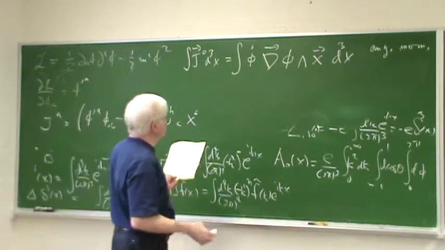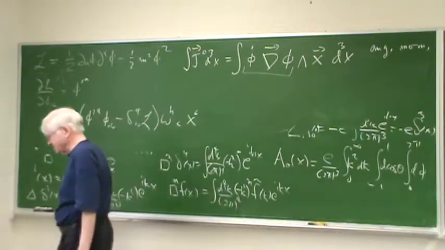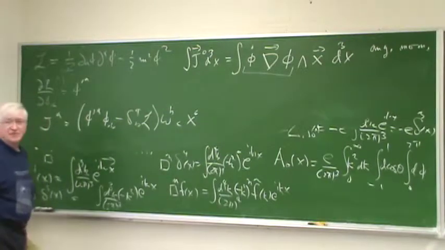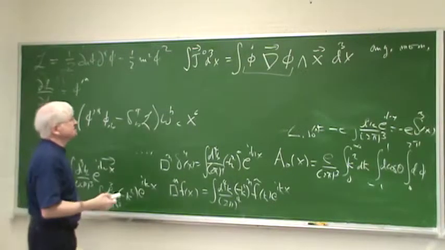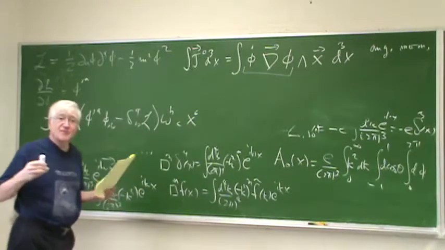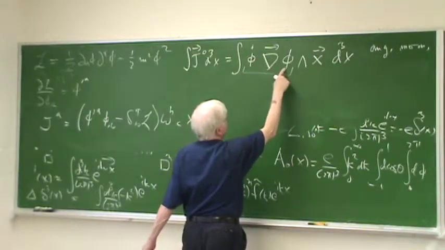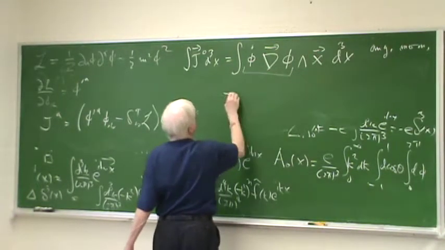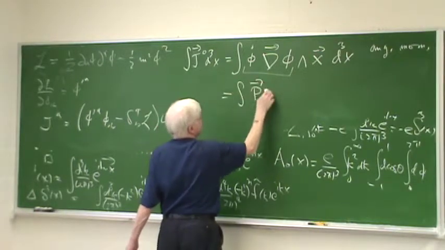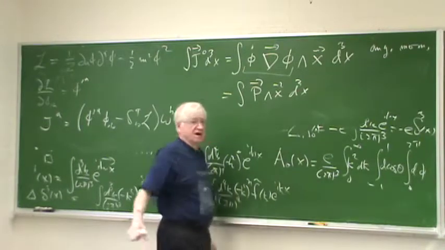Now, what is this thing here, though? This thing is, in fact, the density of momentum. In other words, if we were integrating J0 for the momentum, we would have here simply phi dot grad phi d cubed x. So we can think of this as momentum density cross position d cubed x.